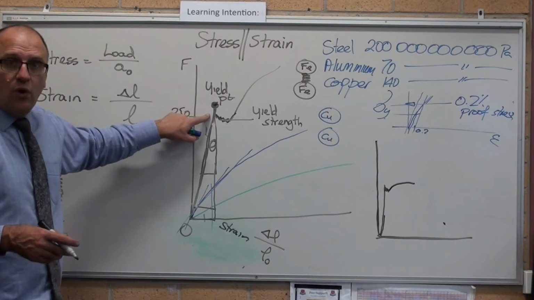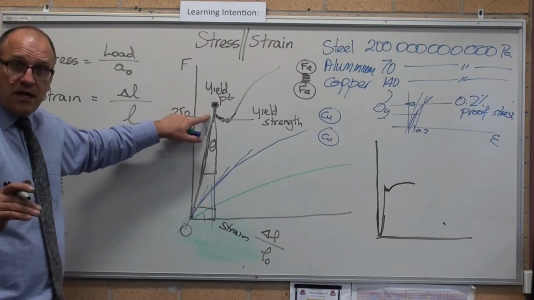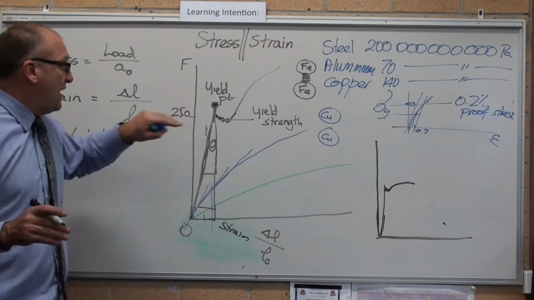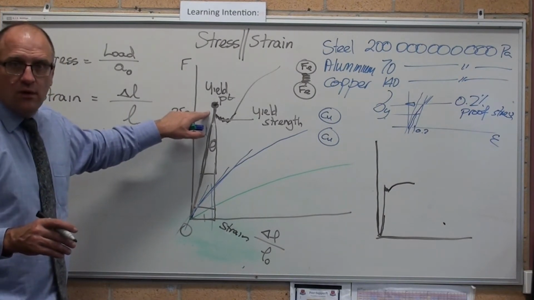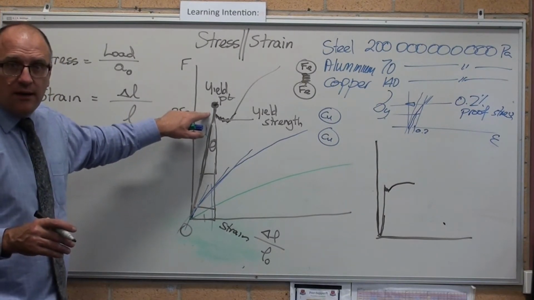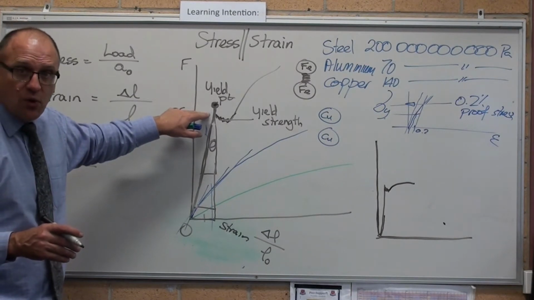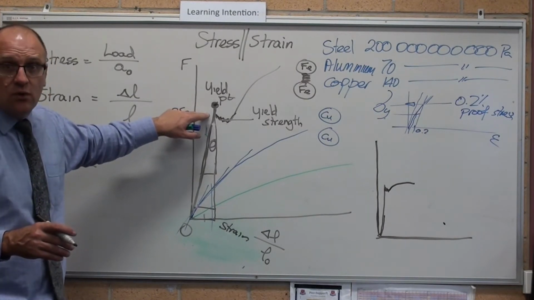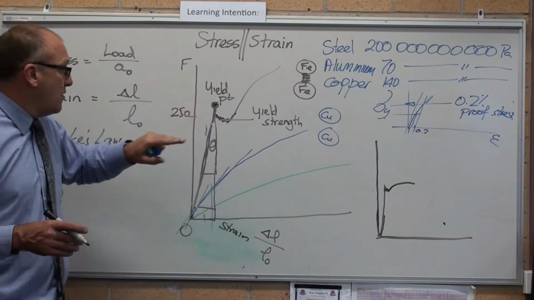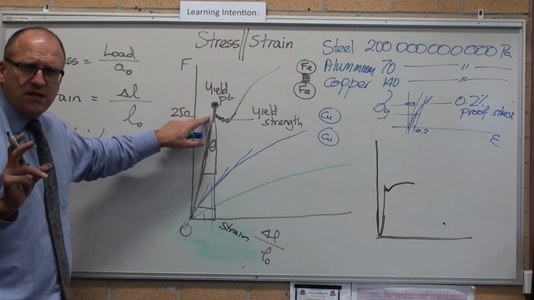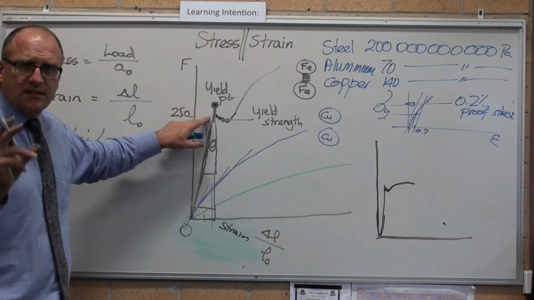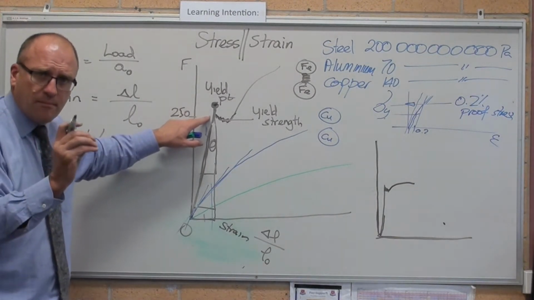That double yield point, I made a mistake earlier, I'm cutting back and editing this in. That only exists in annealed steel. Once the steel is work hardened, it does not have a double yield point. What it is, that's the point where the atoms are all in perfect position and the only thing stopping them moving is the carbon atoms sitting between them.